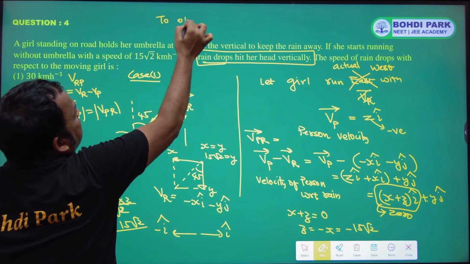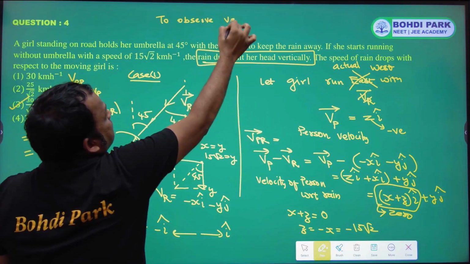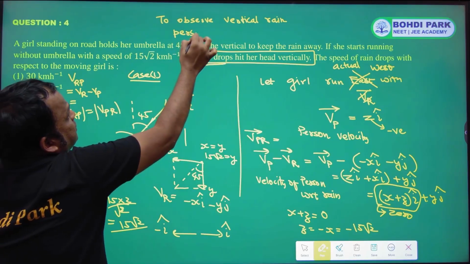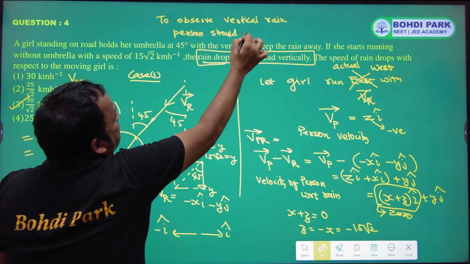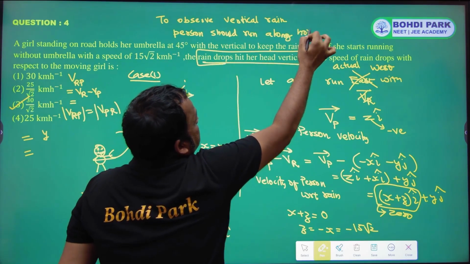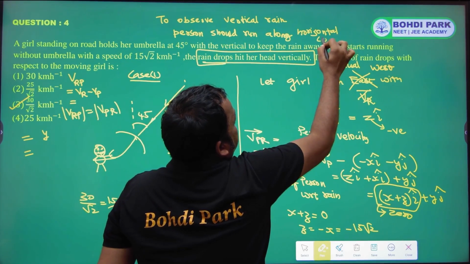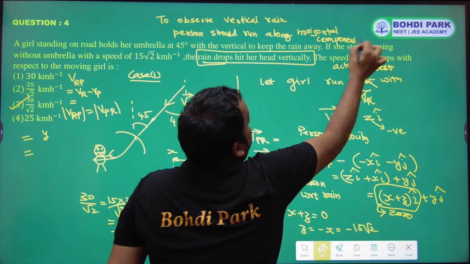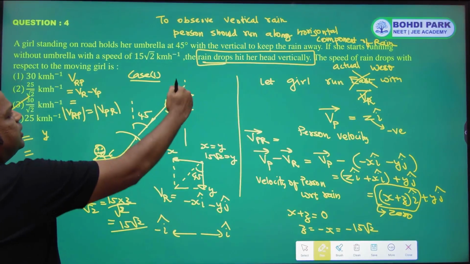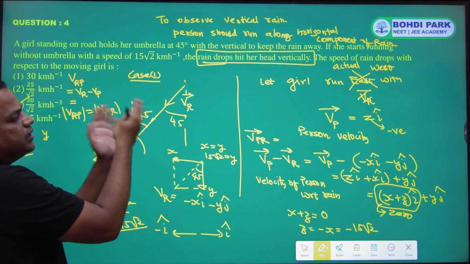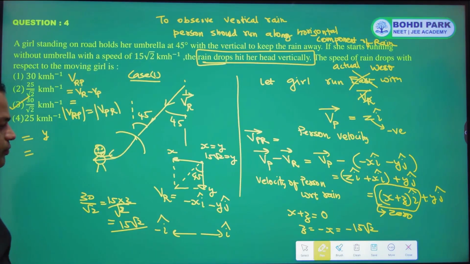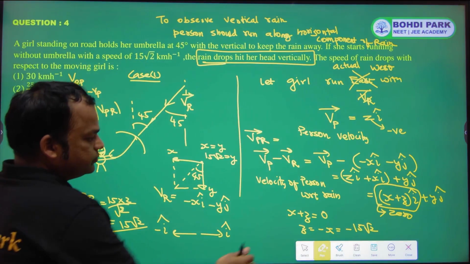To observe vertical rain, person should run along horizontal component of rain. Clear? Remember this horizontal component is x, left side. So if person is running left side, the person will observe a vertical rain. Clear? Okay, done. So next question now.